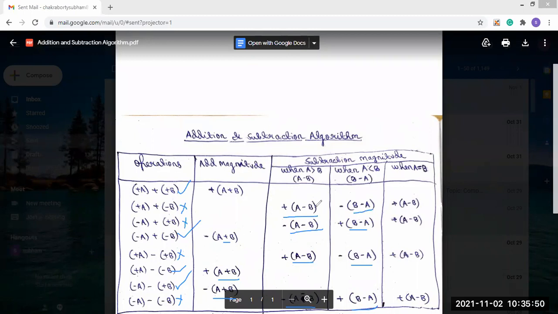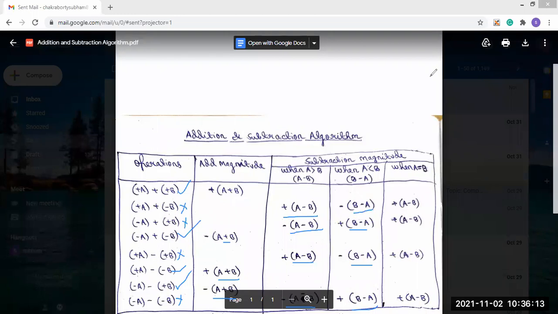So like this the table should be prepared, and the addition and subtraction algorithms are performed like this in the computer, through the add magnitude and subtraction magnitude.